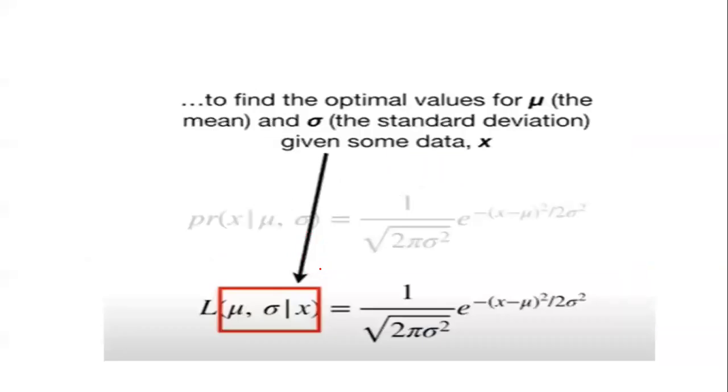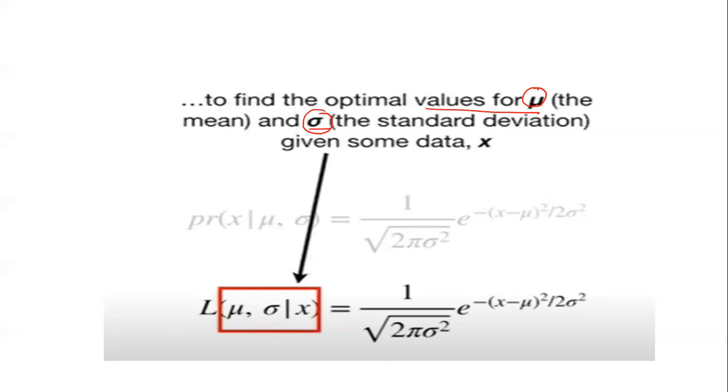With maximum likelihood, what we are trying to find is the optimal value of mu and sigma, which provides the maximum value for the output. We are trying to find the optimal value for mu and sigma which increases the likelihood of occurrence of a particular event.